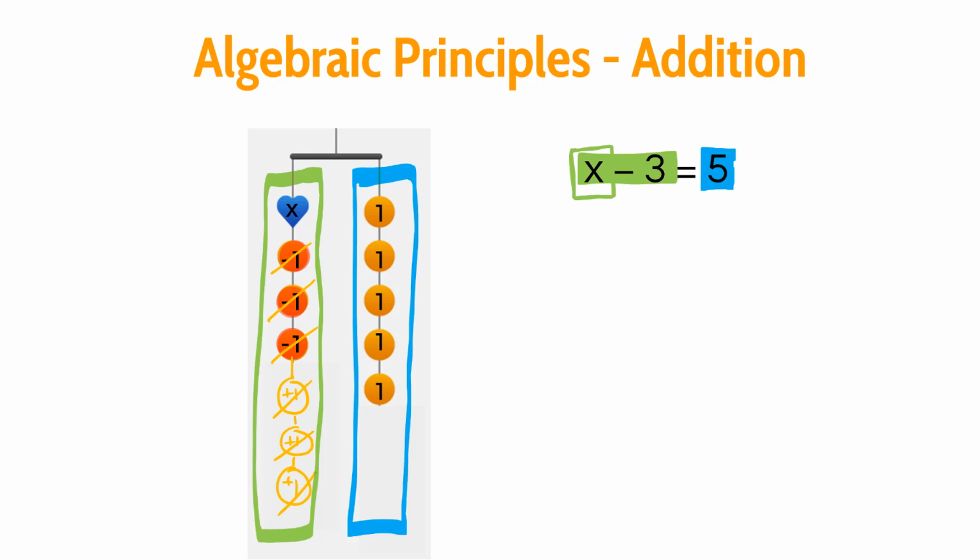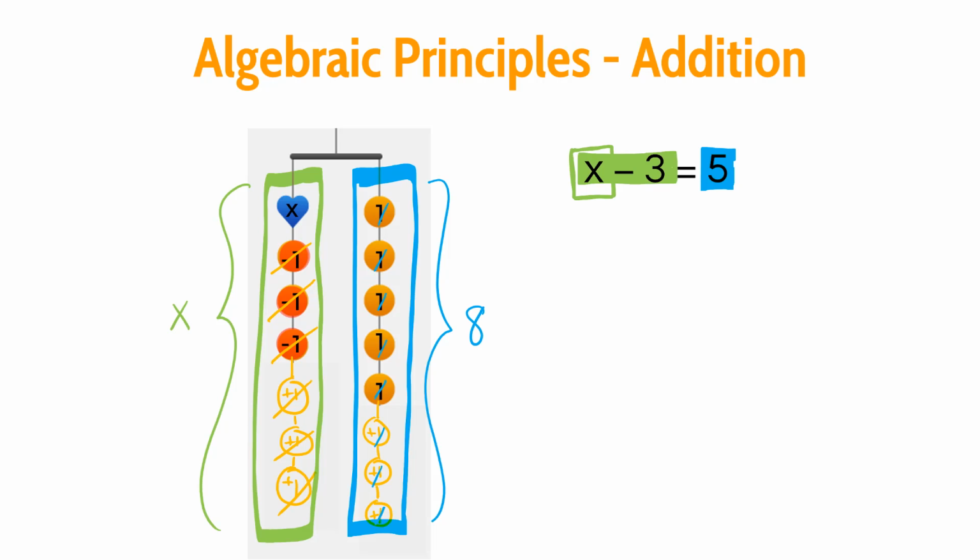So if I've added plus 3 to the left, I'm doing that same action on the right-hand side. So on the left-hand side, we have x isolated on its own. On the right-hand side, we have 1, 2, 3, 4, 5, 6, 7, 8, a sum of 8. So x should be equivalent to 8.